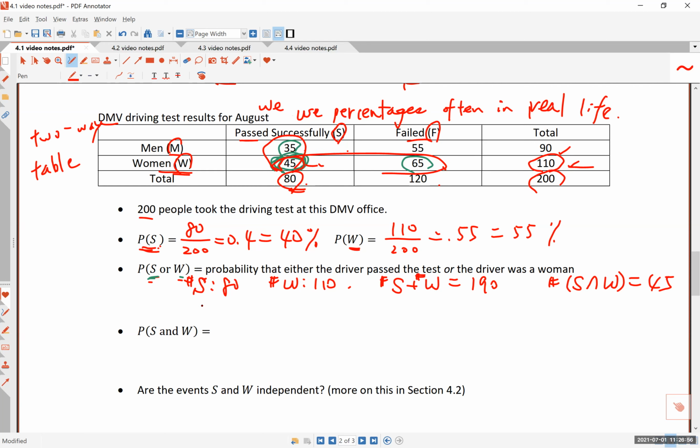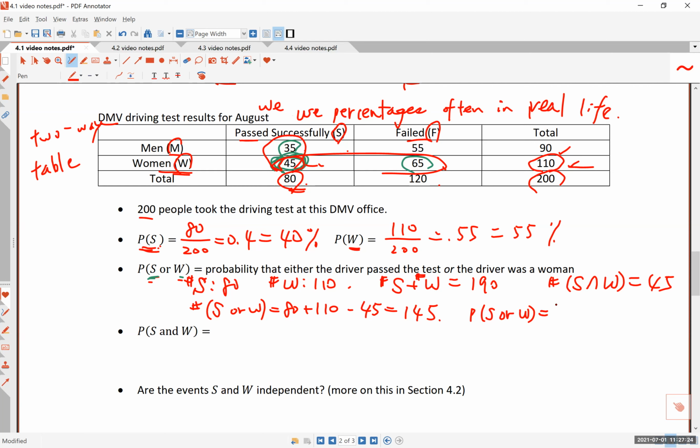So the number of people in S or W is 80 plus 110 minus 45. So that's 190 minus 45. That's 145. Okay, so we have 145 people that either passed the test or were women.